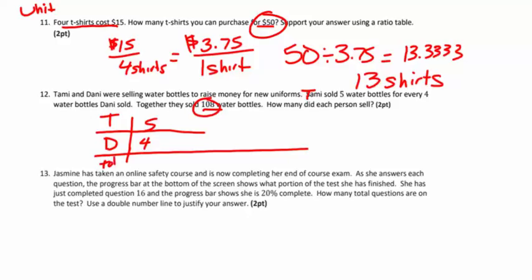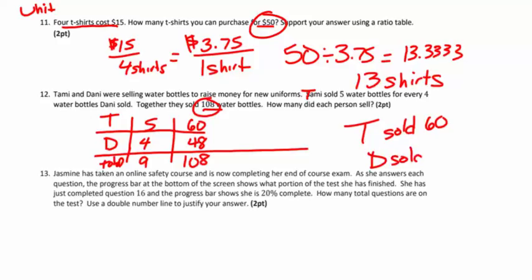So total. Right now their total is 9, but I want it to be 108. So how did I go from 9 to 108? I simply multiplied by 12. So 5 multiplied by 12 is 60, and 4 multiplied by 12 is 48. So Tammy sold 60 and Danny sold 48. Okay, you got to make sure that you answer that question.